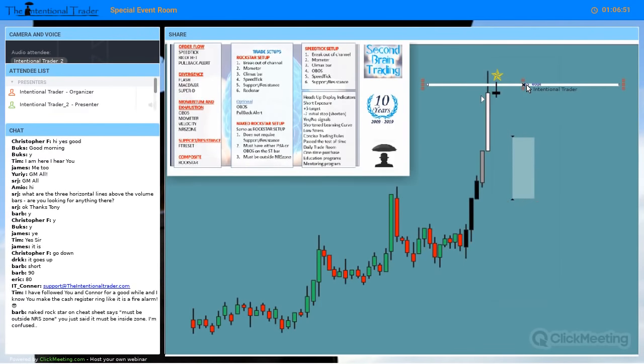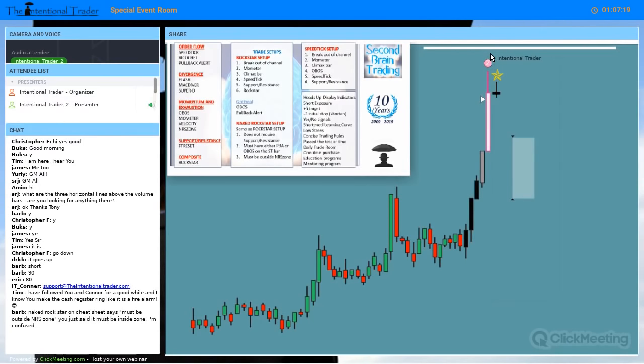Now, if I remove this, this becomes a naked Rockstar trade. This no longer qualifies because the resistance is gone. So I'm going to require now that I have OBOS and/or a pullback alert.